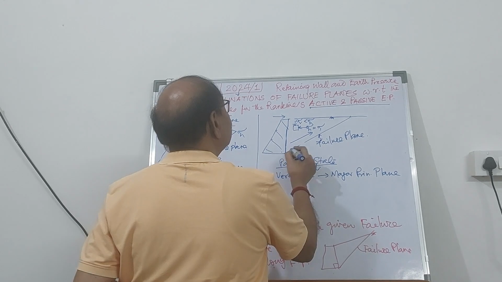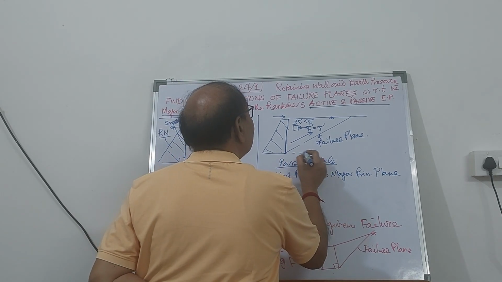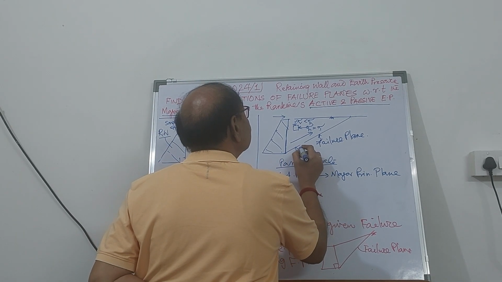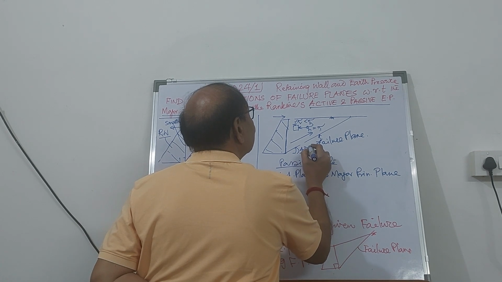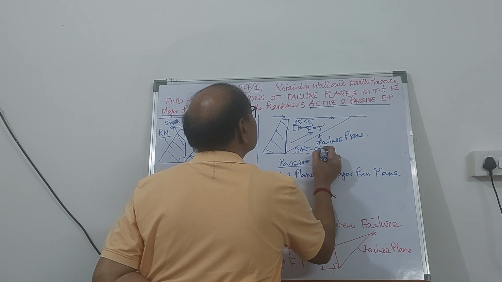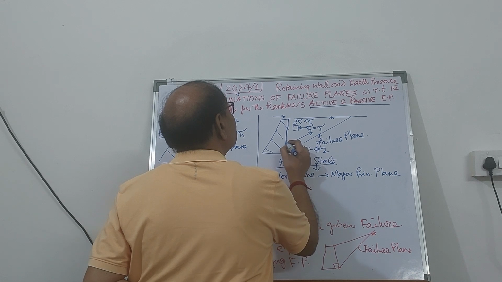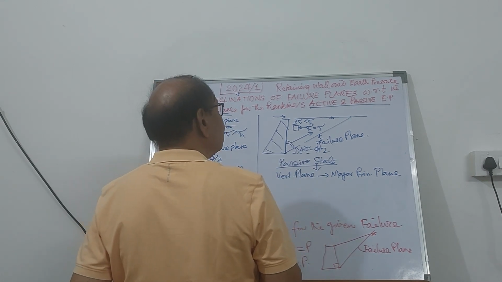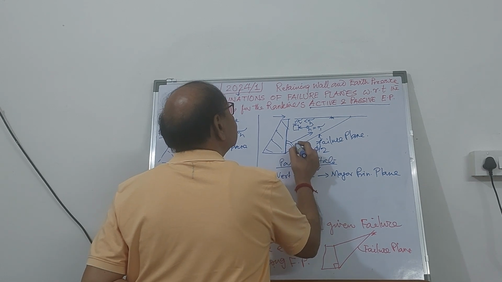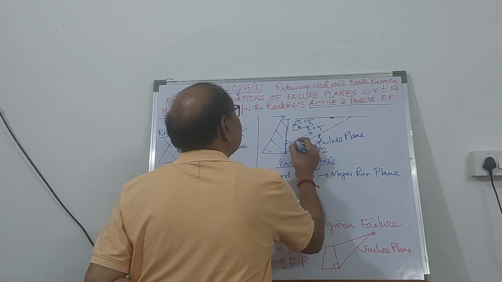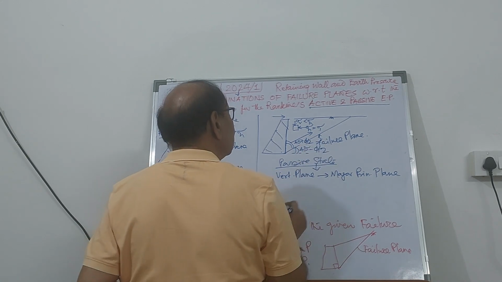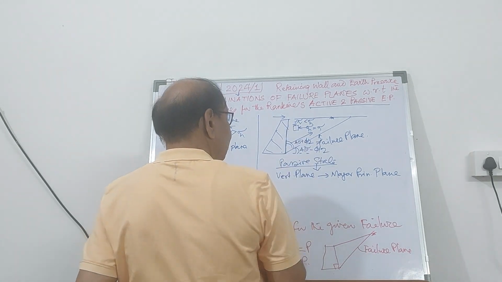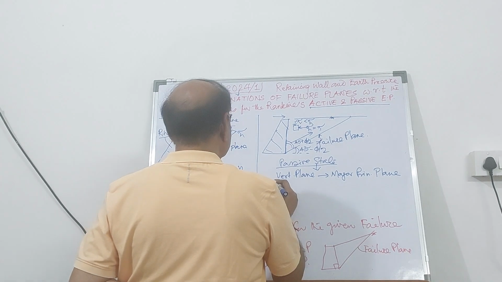So with the horizontal, in passive condition, this angle you know is 45 minus phi by 2. So with the vertical, this angle will be 45 plus phi by 2. So this is the vertical major principal plane.